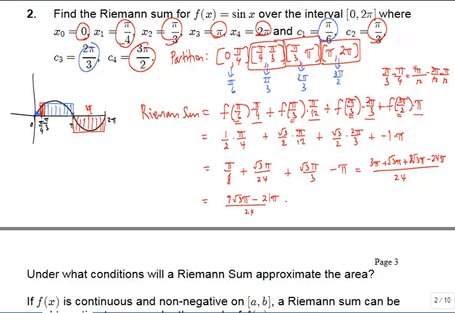And then those are all divisible by 3, so this would be 3 root 3 pi minus 7 pi over 8. And you can get a decimal for that as well. Okay? So that is called a Riemann sum, where each of your rectangles varies in width, and how you determine how high you go and what input you plug into your function varies as well.